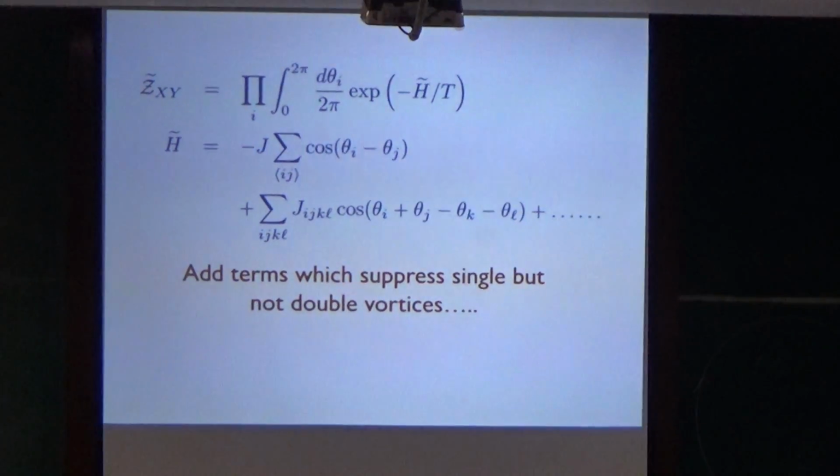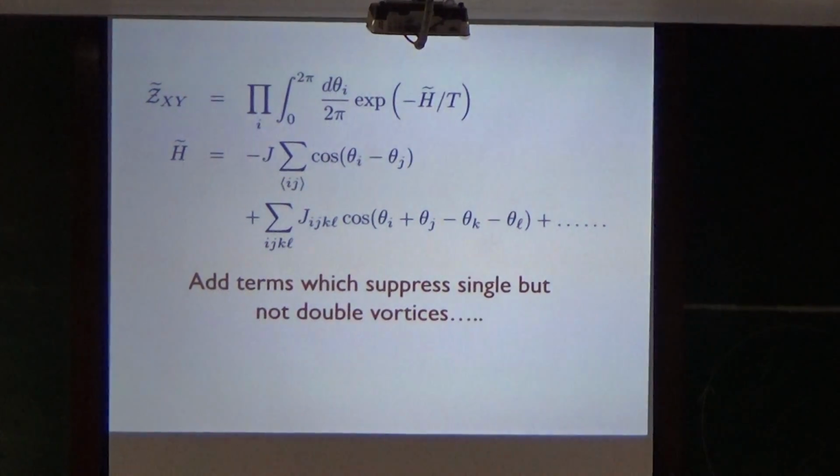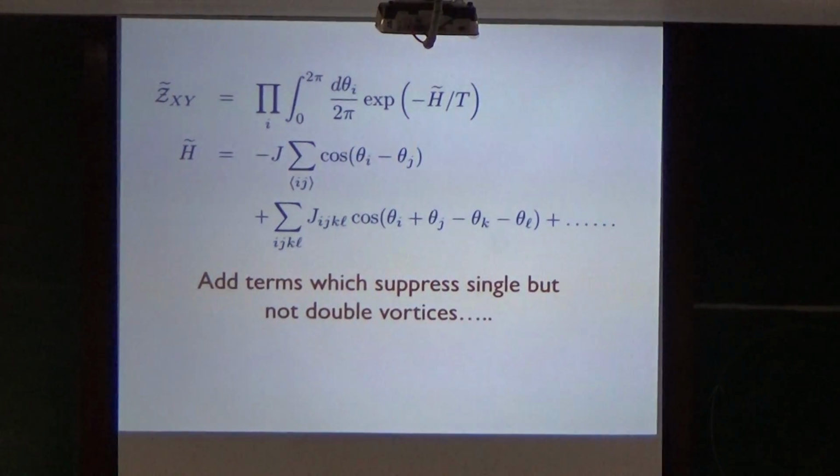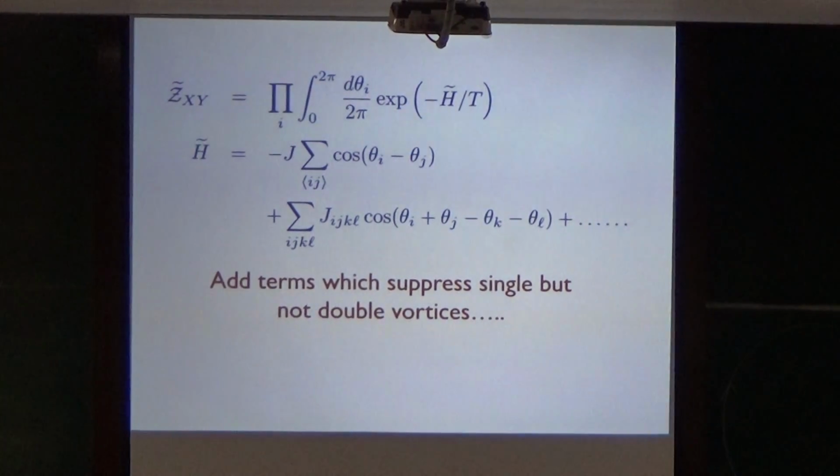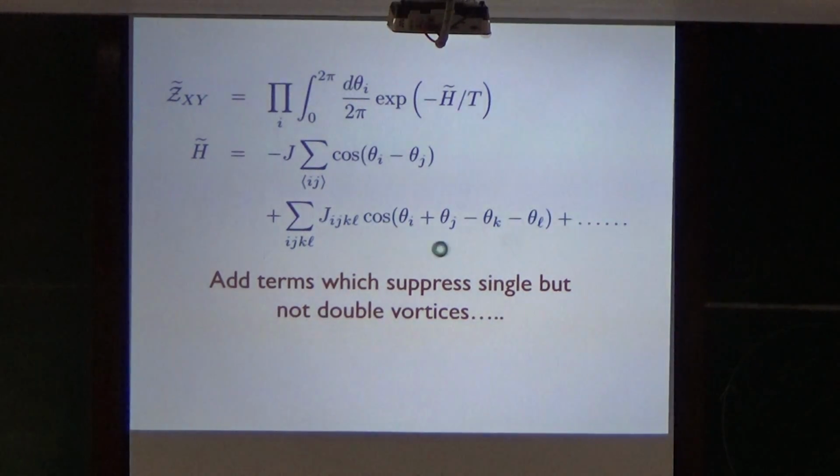Well, people tried this, or analogs of this. So maybe if you add some higher order terms, some ring, 4-body terms, and these could then be sensitive to whether locally you had a 4-pi or a 2-pi vortex, and then you could suppress the 2-pi, only get the 4-pi.